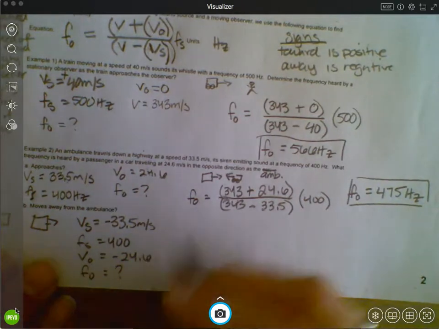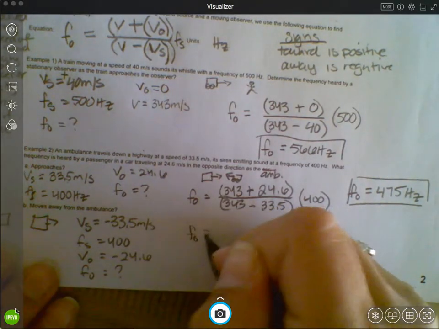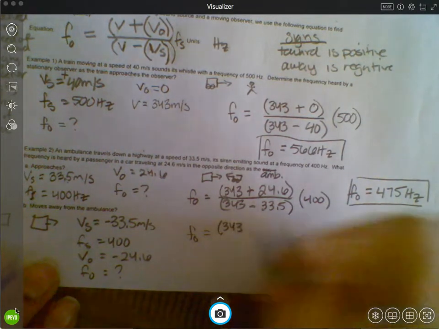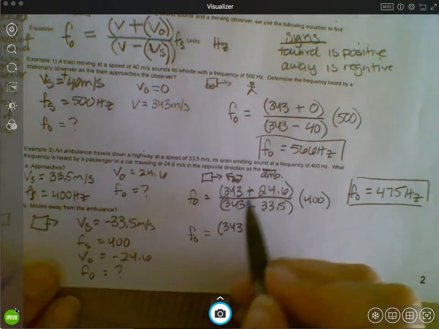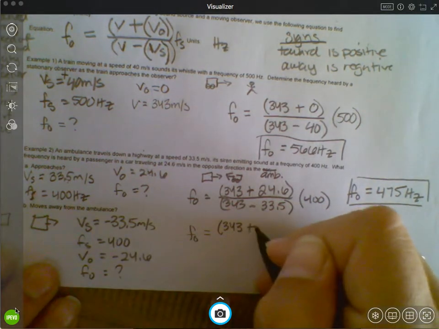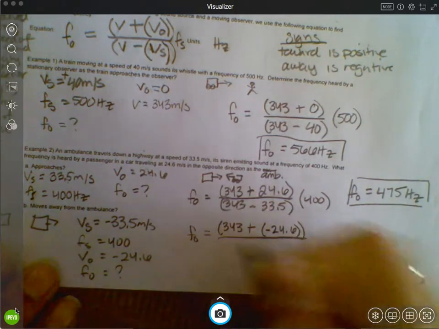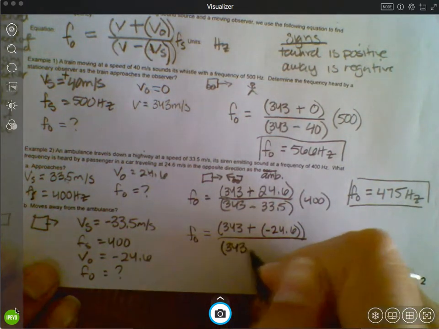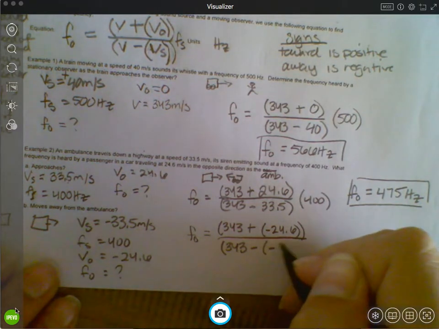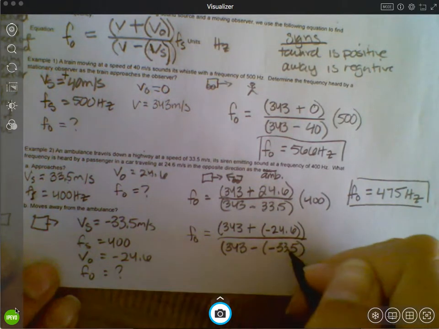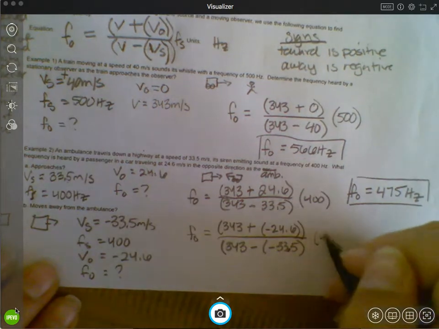All right, so they're both negative, so we plug in 343. Now the velocity, this was a positive sign up here before. It's now negative 24.6. Down here at 343, this was a negative sign before. It's now negative 33.5. It's 400.